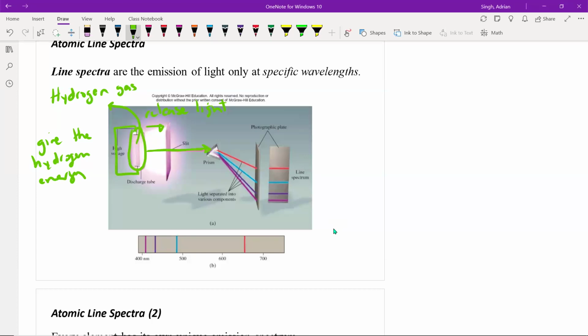What we see is that the light that comes out of this excited hydrogen gas, which we just gave a bunch of energy, is not a continuous spectrum. So we don't see a continuous rainbow.